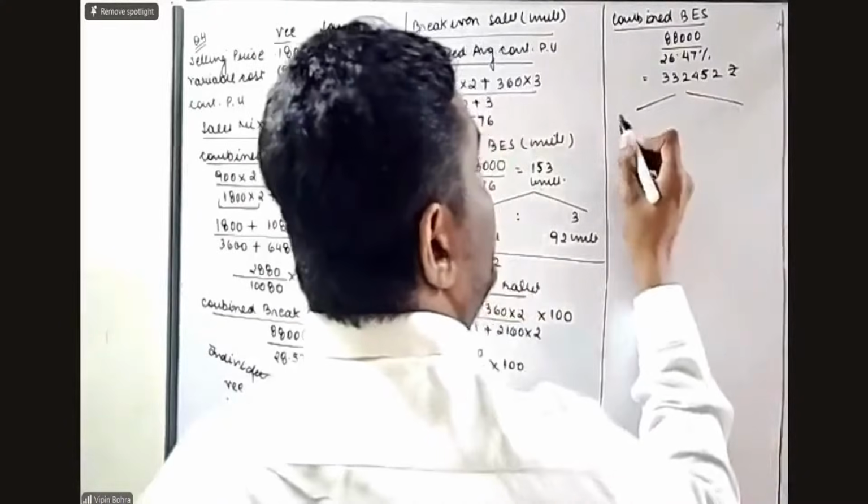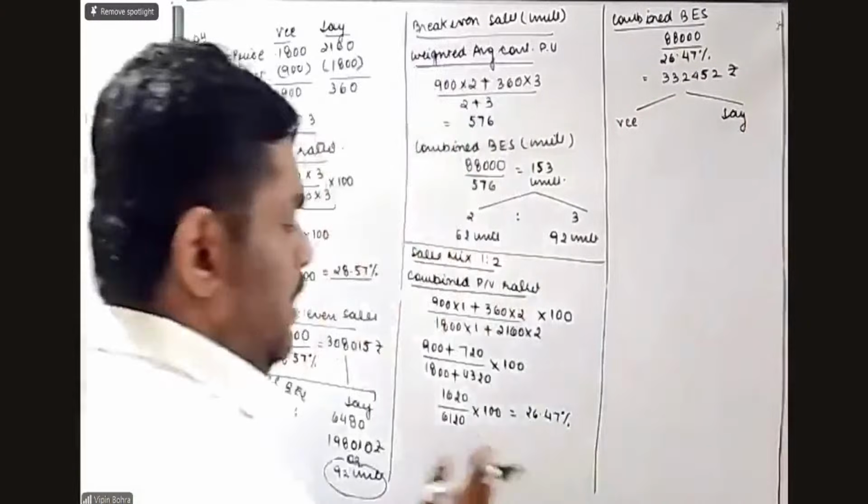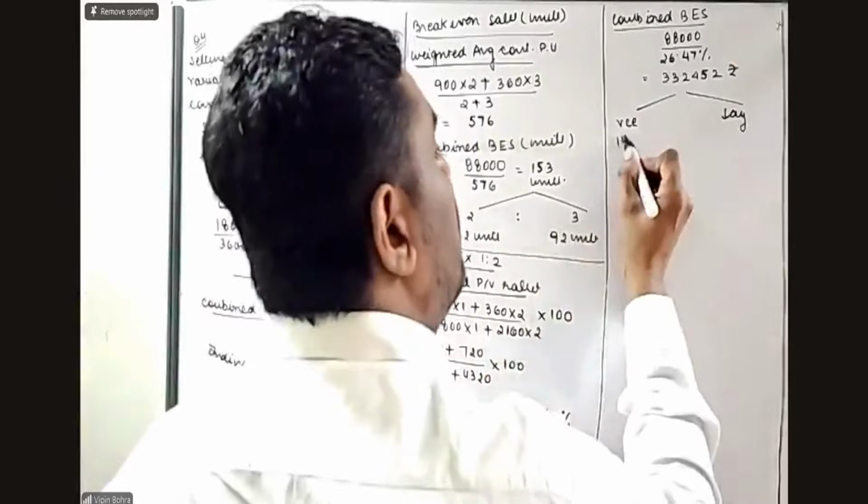If you want to calculate separately for V and J, it will be distributed in the ratio of 1800 is to 4320.